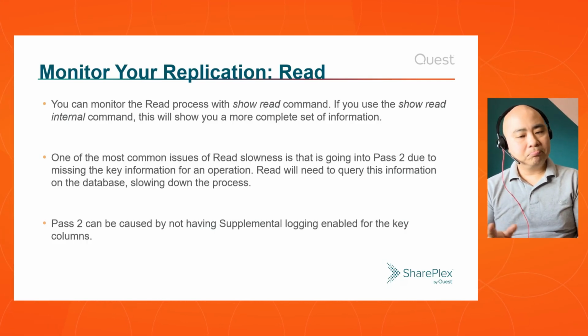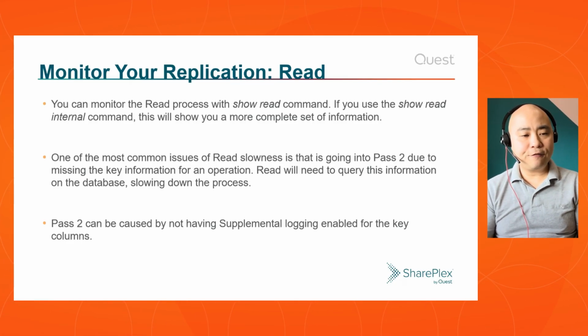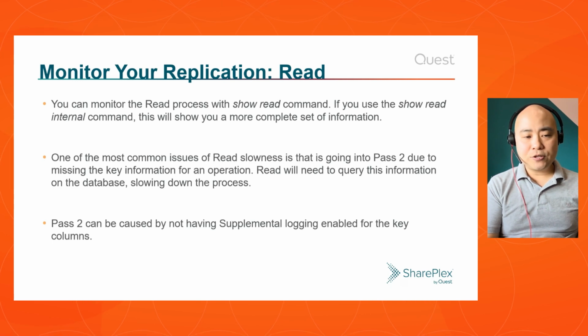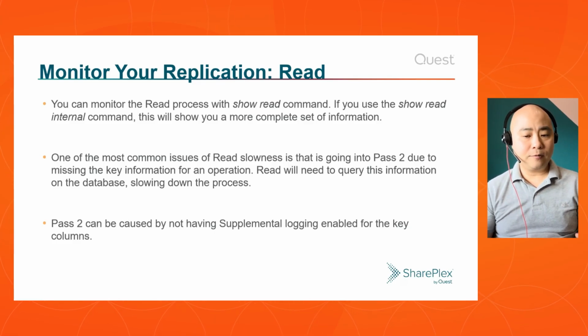One common cause of this going to pass two is not having supplemental logging for the key column of a table. The key column can be a primary key or a unique identifier. If the table doesn't have a PK or UI, SharePlex will consider all columns the key columns for that table for the replication.